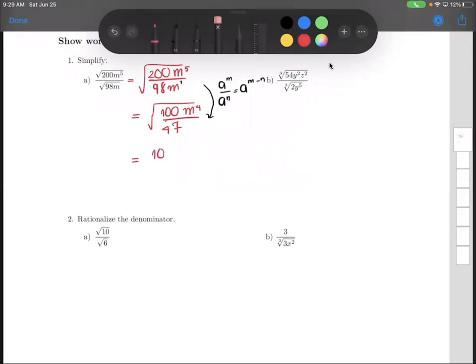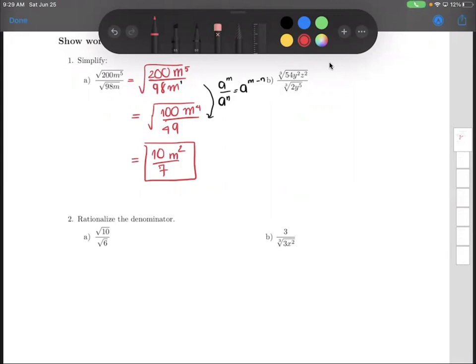Oops, I'm sorry, 98 divided by 2 is 49. I don't remember what I said, but I wrote it wrong. So square root of 49 is 7. Square root of m to the 4, using the power method, is m squared. And that'll be your final answer.